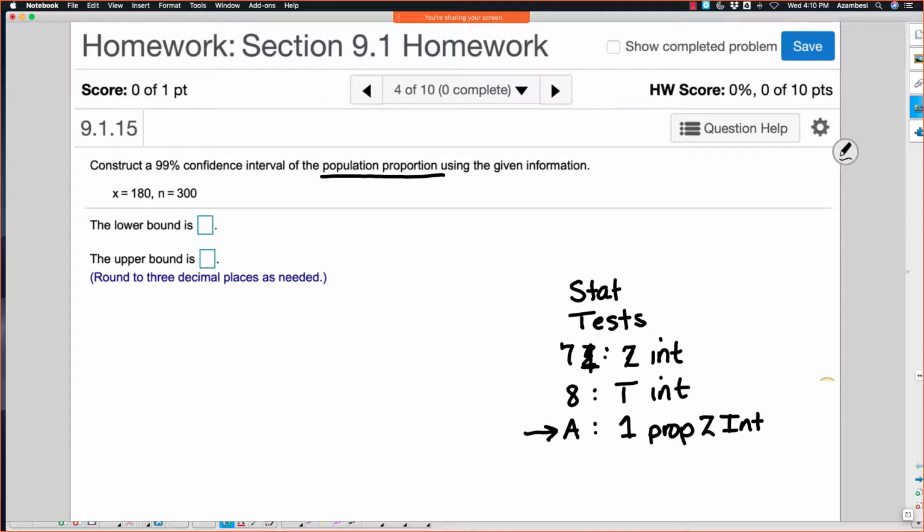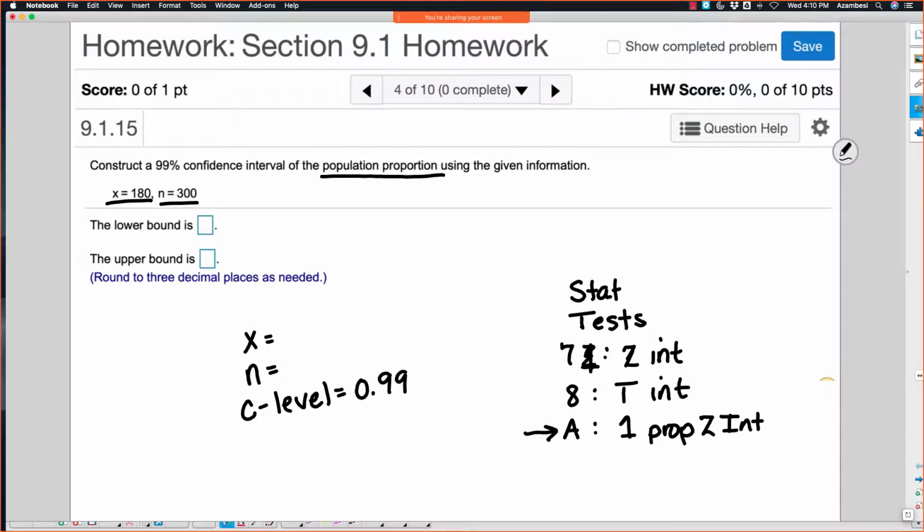Now, if you press that button, A asks you for a number of things. It asks you for a value of x, it asks you for a value of n, and it asks you for a confidence level. So if we're working for this problem, then our x value would be 180, our n value would be 30, and our confidence level for 99% would be 0.99.